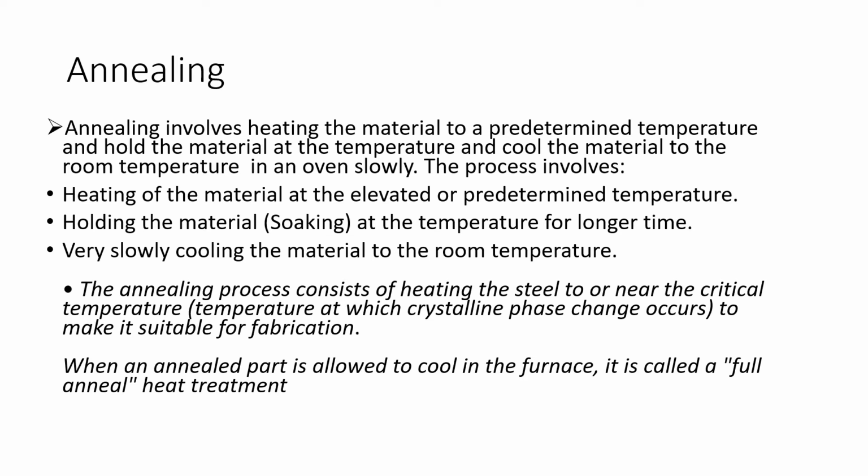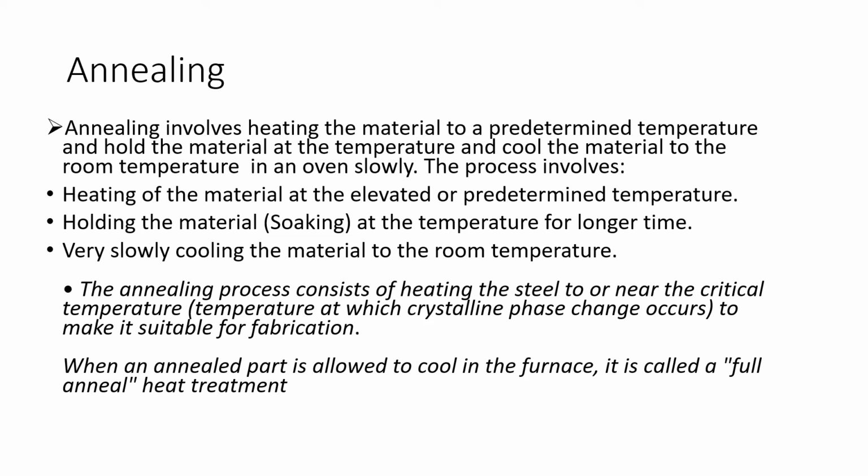One part of the heat treatment is annealing. What is annealing? Annealing involves heating the material to a predefined temperature, holding the material at that temperature, and cooling the material to room temperature slowly, or in an oven.